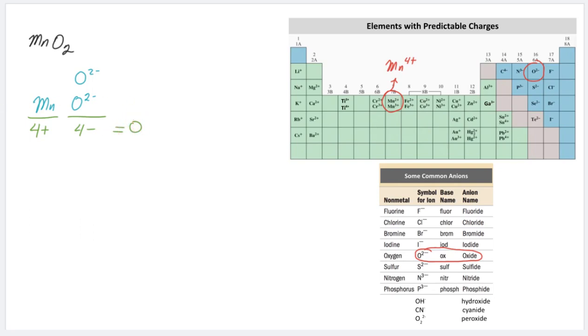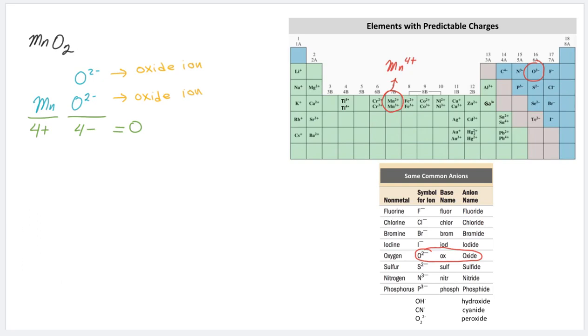So what is indicated here is that this O2 actually is coming from oxide ions. Okay, so this makes sense, right?